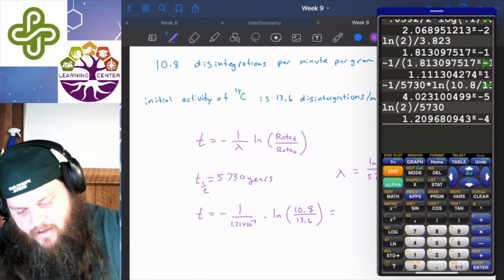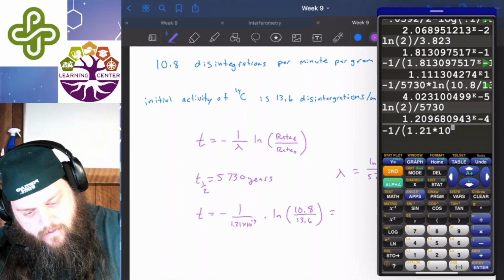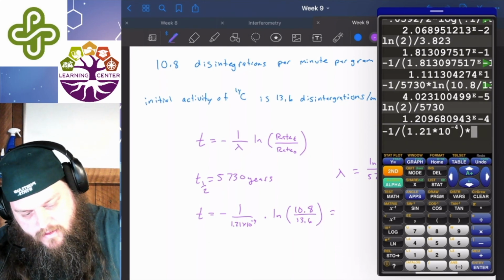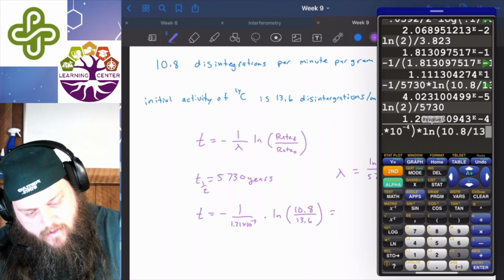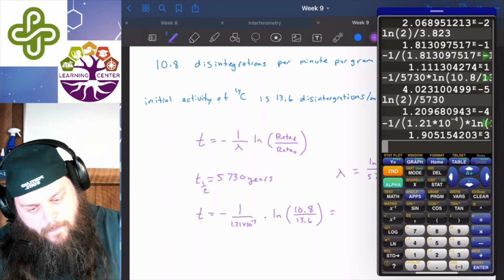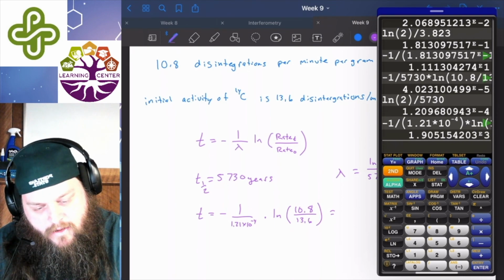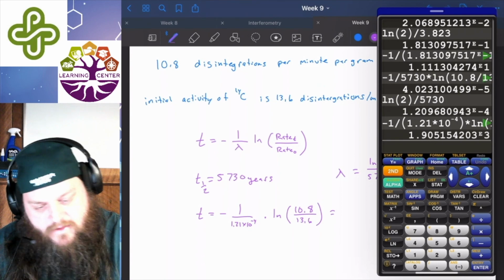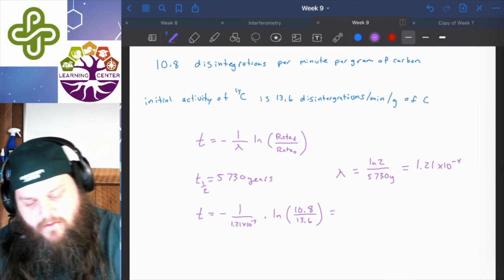Let's write it again. I have an extra parenthesis or something in there. 1.21 times 10 to the power negative 4, close parentheses, times the logarithm of 10.8 divided by 13.6. There we go. That's 1.9. So I'm going to move that decimal place 3 places to the right. So it's going to be 1,905 years.